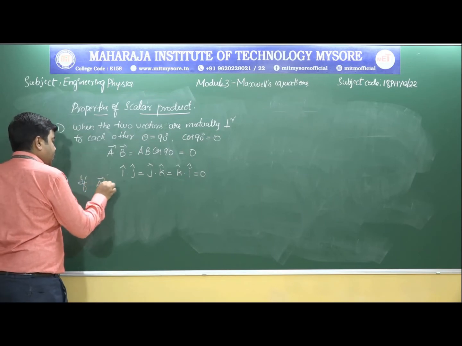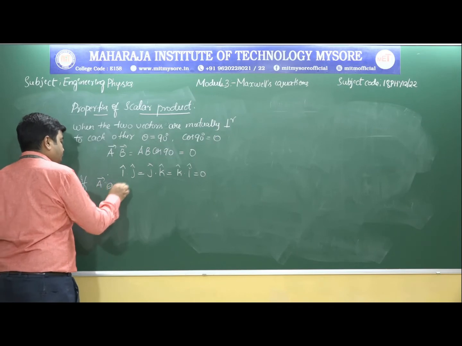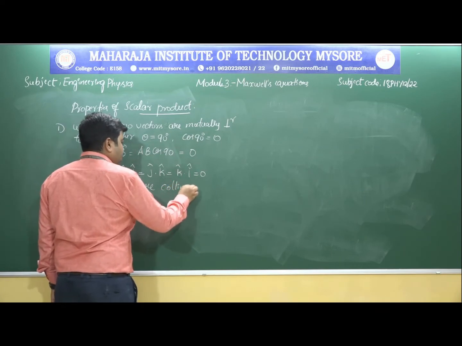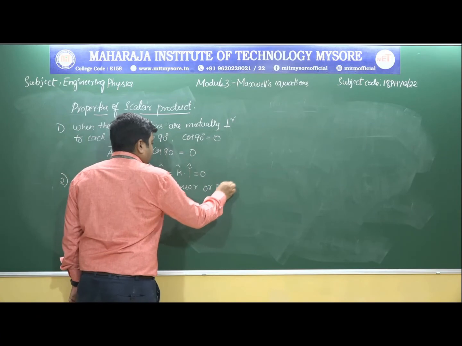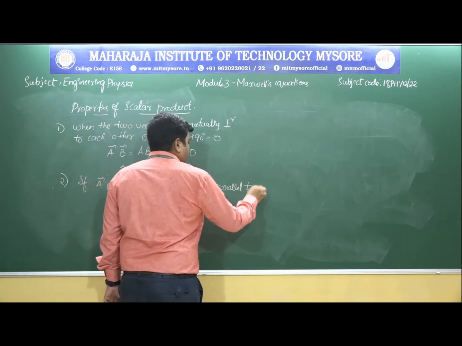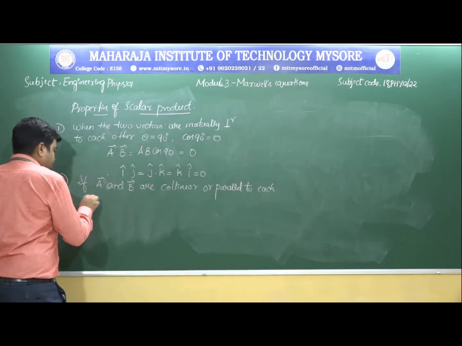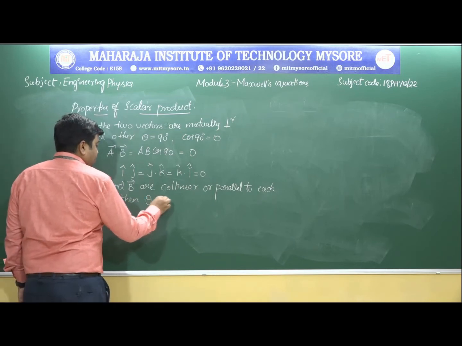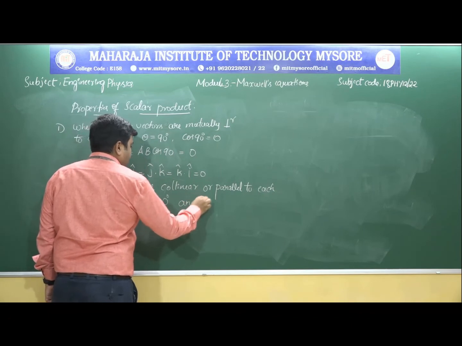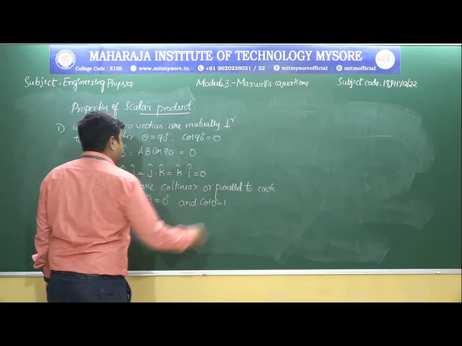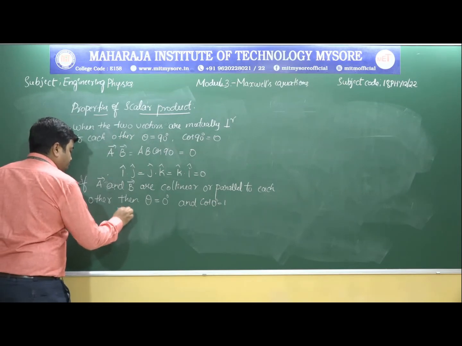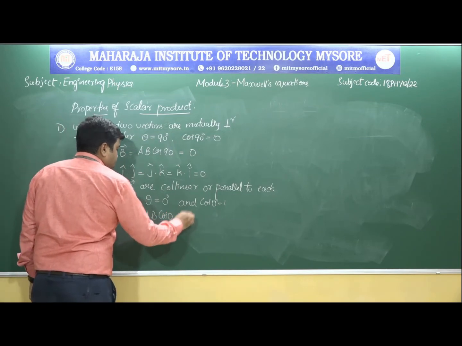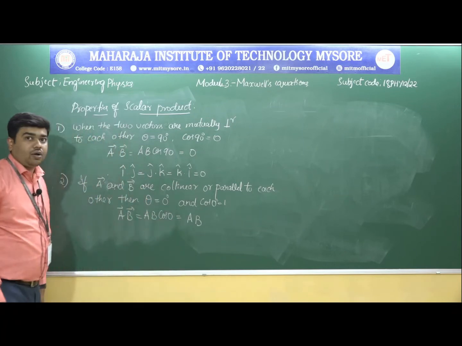If vector A and vector B are collinear or parallel to each other, then theta is equal to 0 degree and cos 0 is equal to 1, then we will get vector A dot vector B is equal to AB cos 0, that is equal to A dot B.